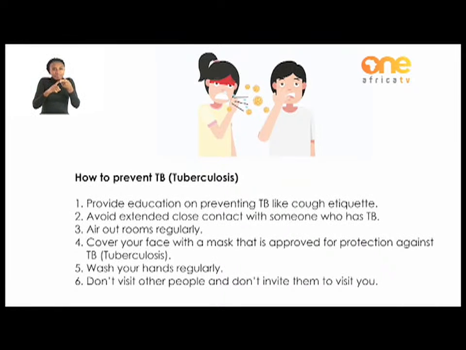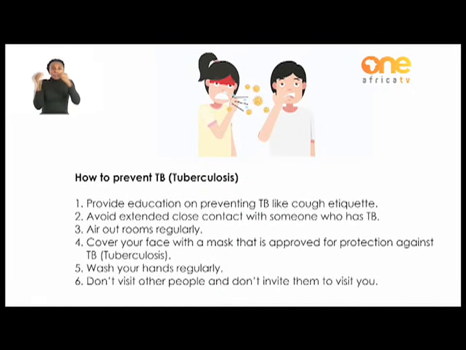How to prevent TB? Provide education on preventing TB, like cough etiquette. Avoid extended close contact with someone who has TB. Number 3, air out rooms regularly, which means you should open the windows, keep the air well ventilated.